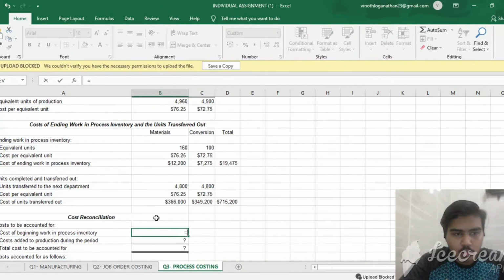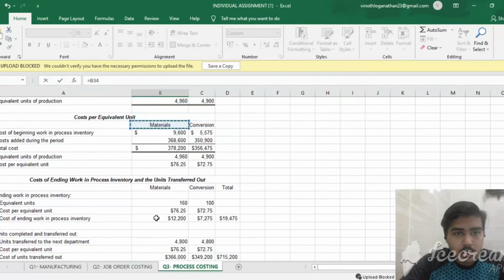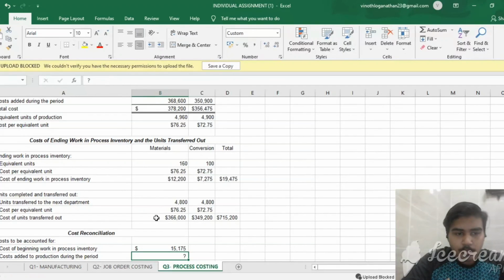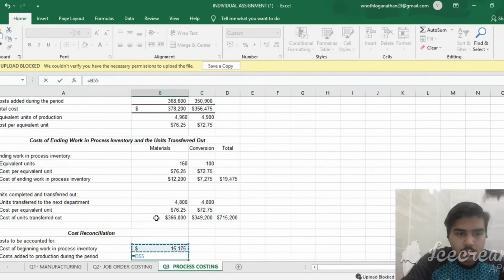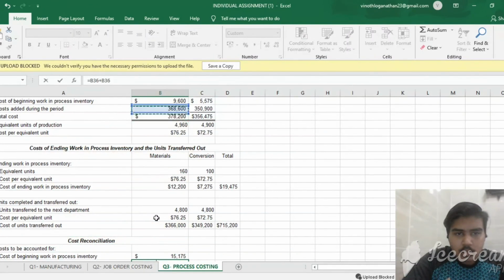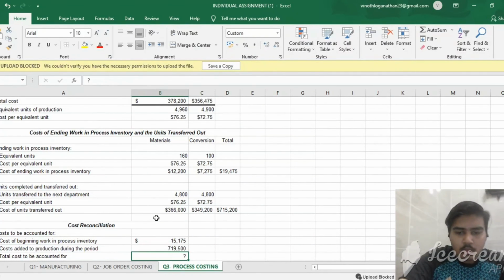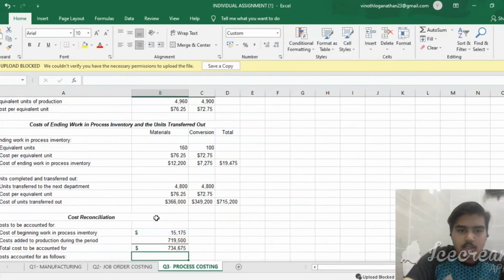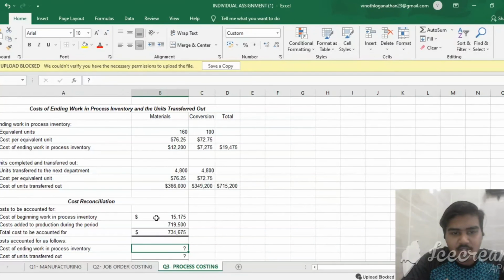Now for the last part, which is the cost reconciliation. So the cost of beginning work in process inventory is here. So it is this plus the conversion as well, not only the material, and then cost added during the period. Here it is, this plus this equals 15,000 plus, so you get 734,675.